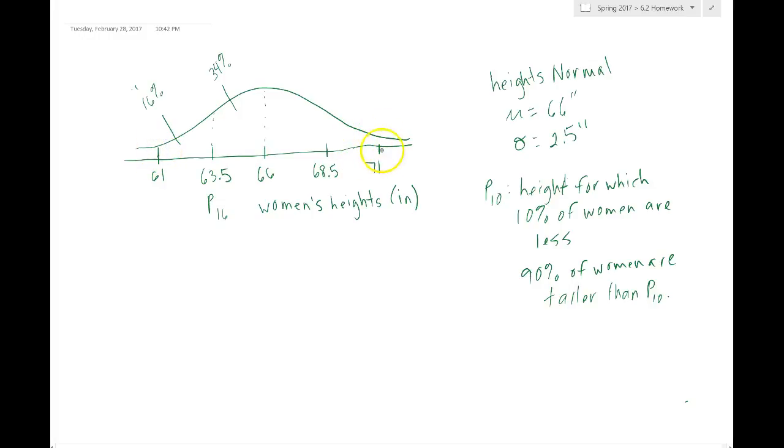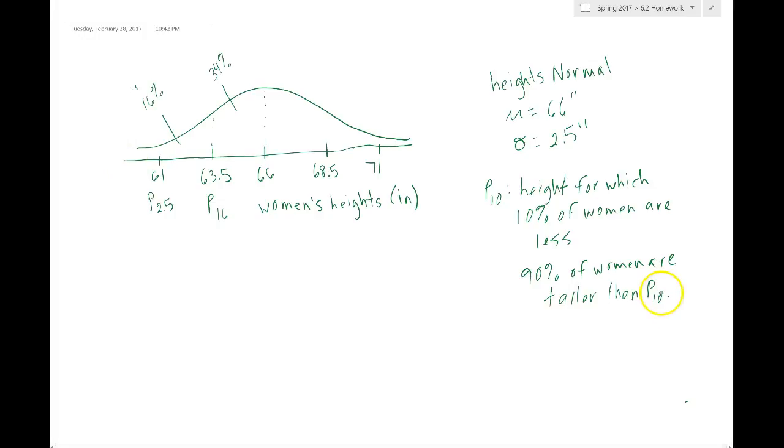That means 5% is outside, in this little crevice and this little crevice over here. Half of that would be 2.5, so for this 61 inches, 2.5% of the women are less than that in height.